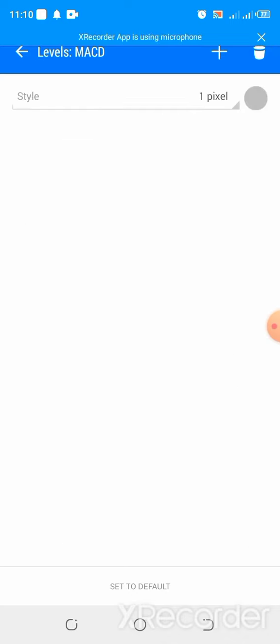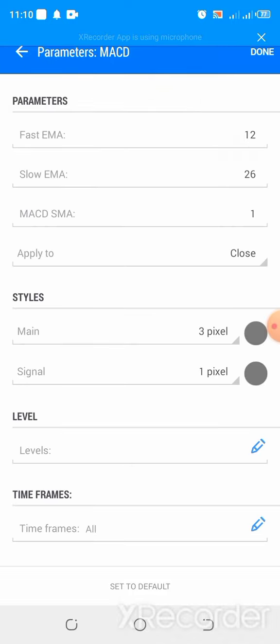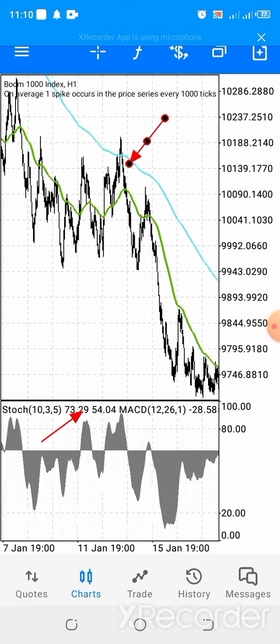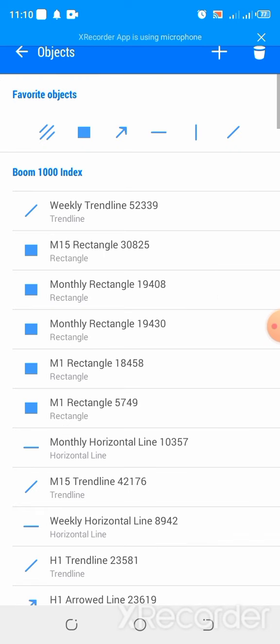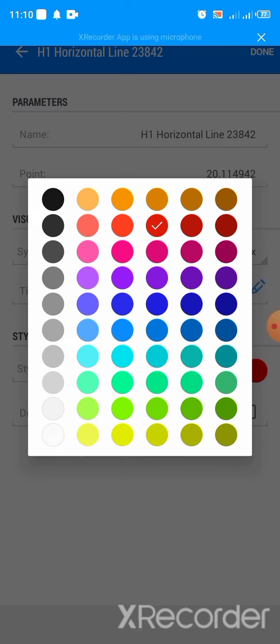Let's see. Okay, let me just use this. Let me just drop a line there. This is 80, and this is 20. So please take note. Let me change this color, let me use black.